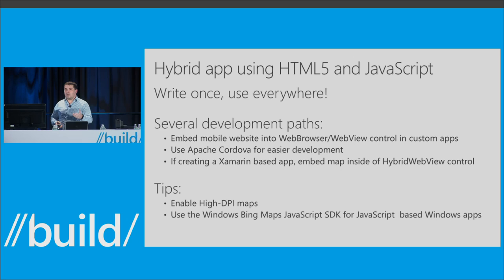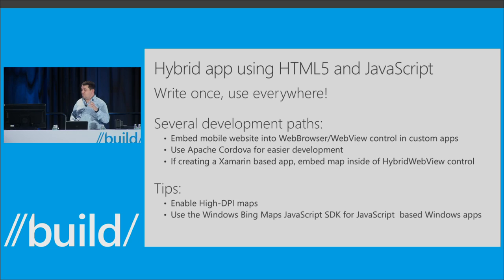The cool thing about enabling that is the map control is smart enough to know if it's not on a high pixel density screen, and it automatically will go back to the standard maps. So if you are using, let's say, a desktop that doesn't have a high density screen, you don't end up with these massive labels on the map. It all comes back to a relative experience.